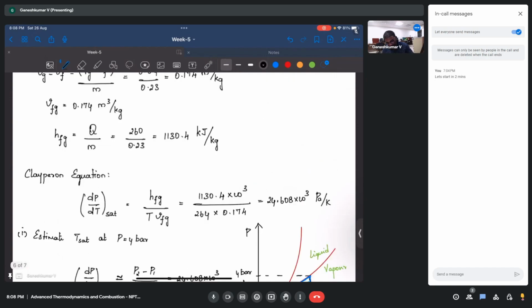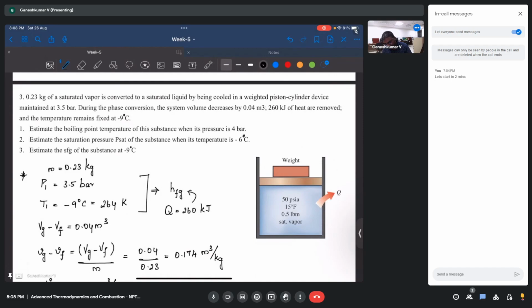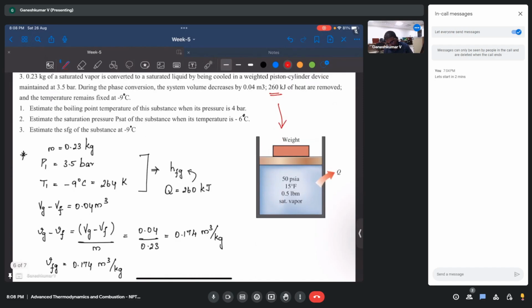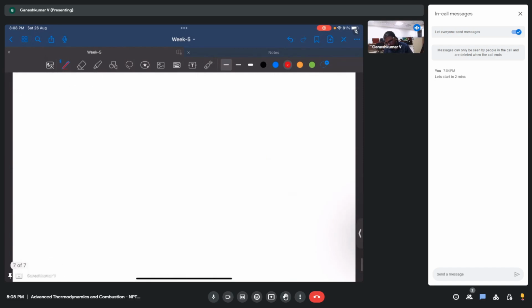Basically this device is used to find the kilojoule, so it's kind of an experiment to find out what Hfg is. For this case, we need to find the total change in entropy. Entropy we cannot measure, right? Entropy can be found only through these relations. So how do we find Hfg?